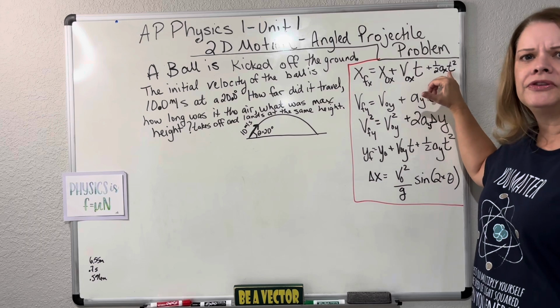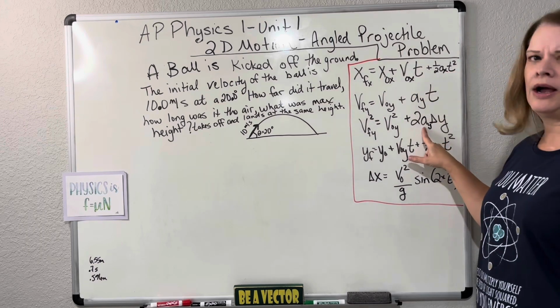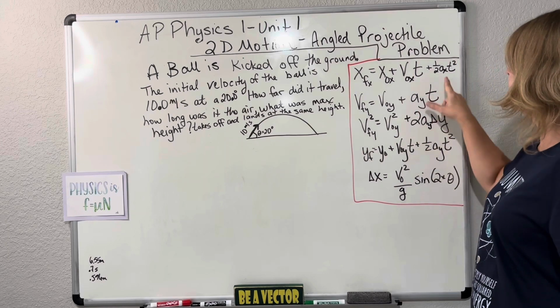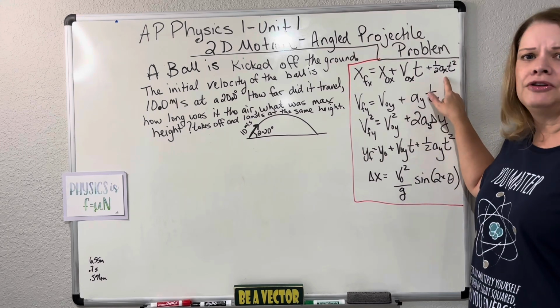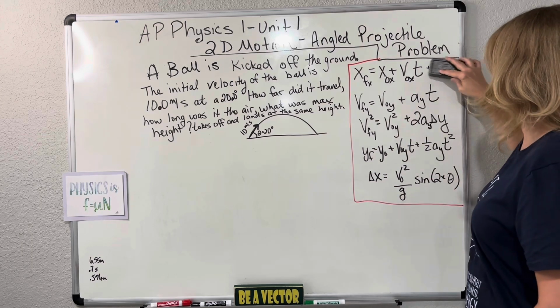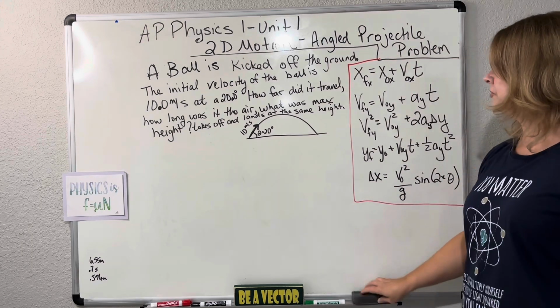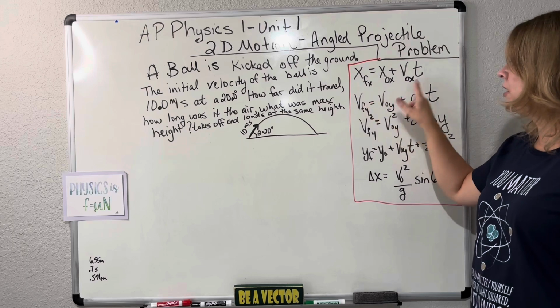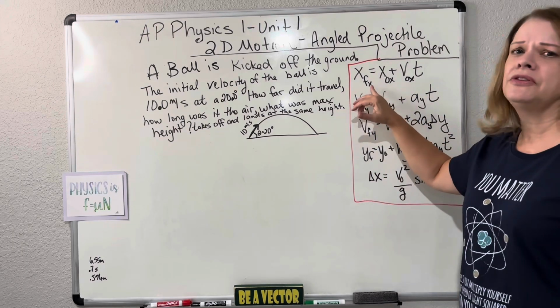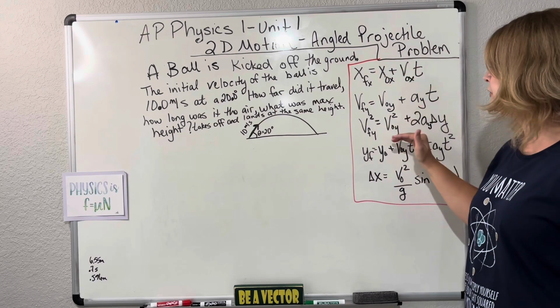But remember, this acceleration is not our y acceleration, our vertical acceleration, which is due to Earth, negative 9.81. There is no acceleration in the horizontal direction in these projectile problems. So really, this equation just looks like this. I keep all of the subscripts. I know it looks kind of confusing, but they will keep it separate from the horizontal to the vertical.